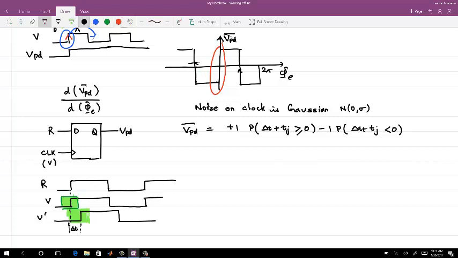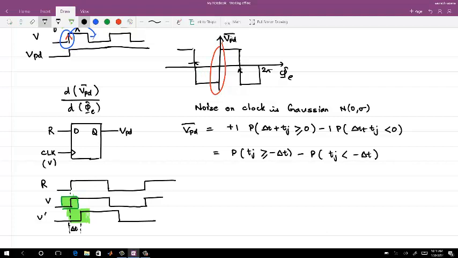So this one I feel is straightforward, which is the probability of Tj greater than minus delta t minus the probability of Tj less than minus delta t.